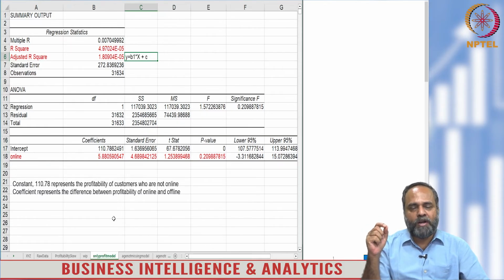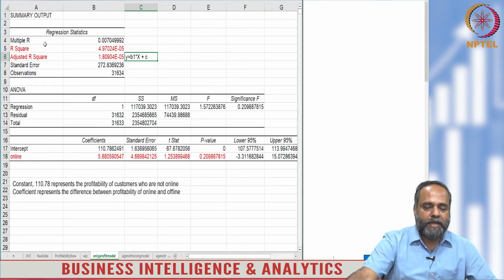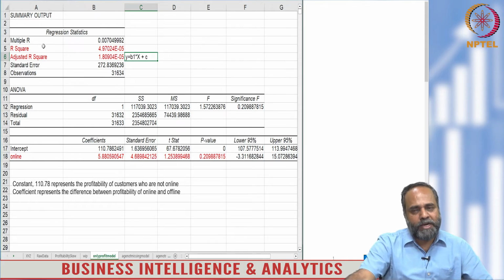in different ways. One is to do a t-test, the other is to do a dummy regression. I am doing a dummy regression because I can start with one variable, which is two variables.